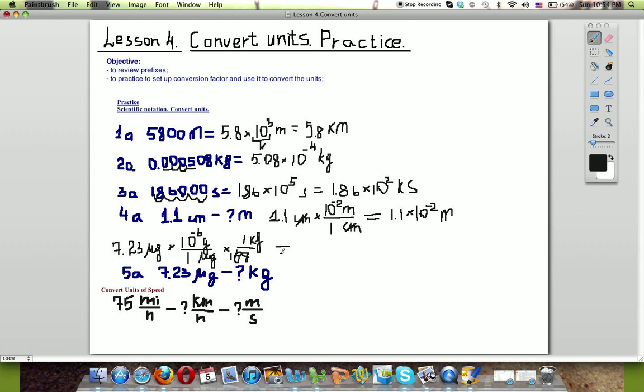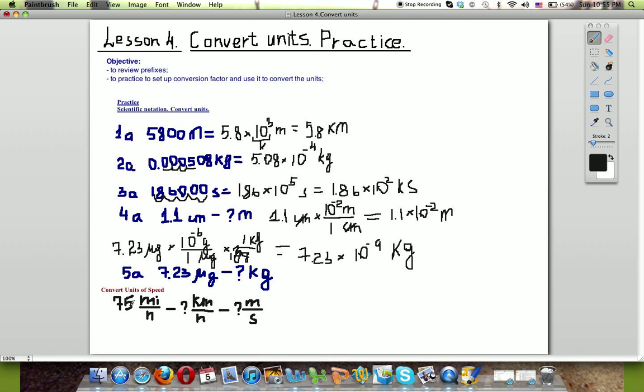So in this case, we have 7.23 times 10 to the negative 6 and 10 to the positive 3 comes on top, so it becomes 10 to the negative 9 kilogram, and that's the final answer. Okay, so first I change it to grams, and then from grams I change it to kilograms. So this is number 3, power 3. Okay, so that's how you do the practice.